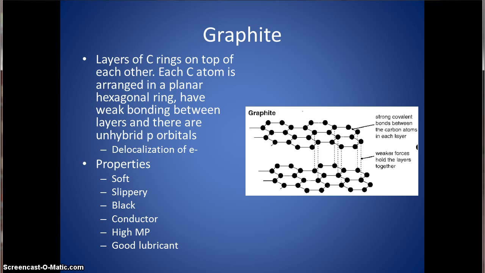With the delocalization of electrons, it's a conductor, and it has a high melting point and is a good lubricant. It's important to know that it's slippery and soft because the adjacent layers can slide past each other easily, and the 2D structure reflects the covalent bonds.